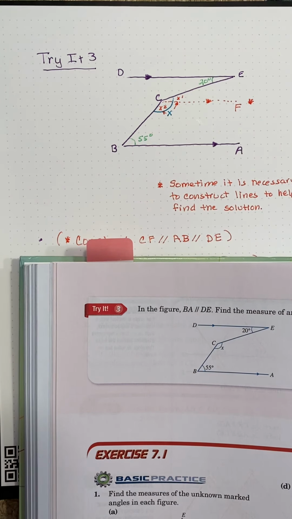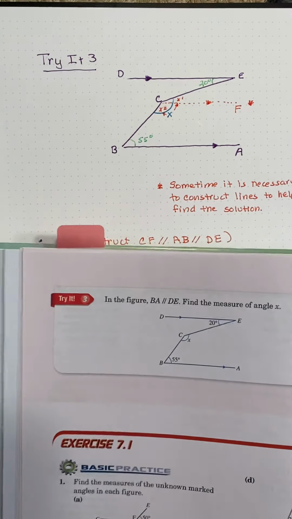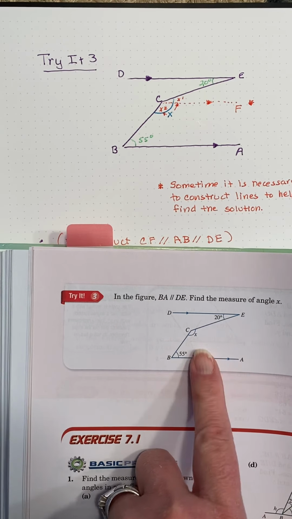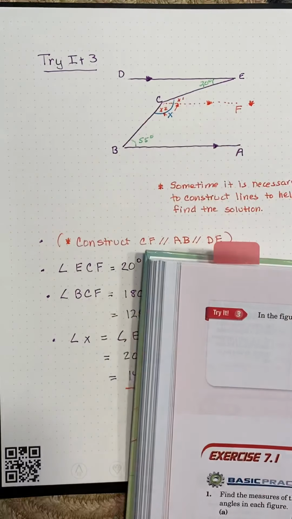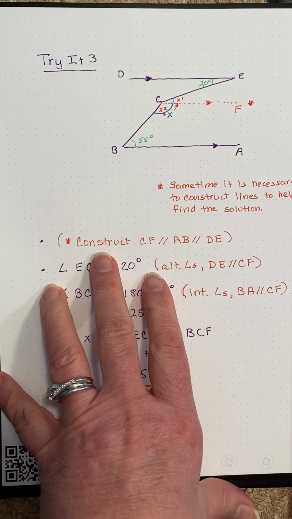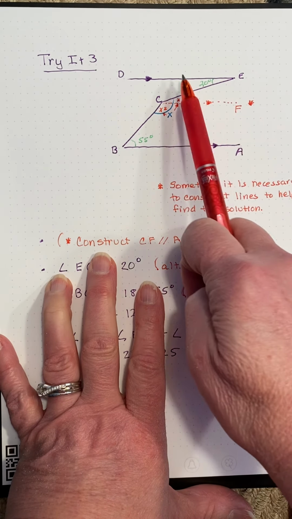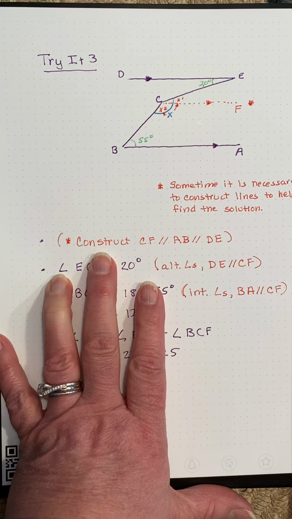That will help us because the way it's just simply drawn in the book, there's a part missing and you can't figure things out without adding that dotted line. So first of all, you need to construct a parallel line that is parallel. So CF is parallel with ED and BA.